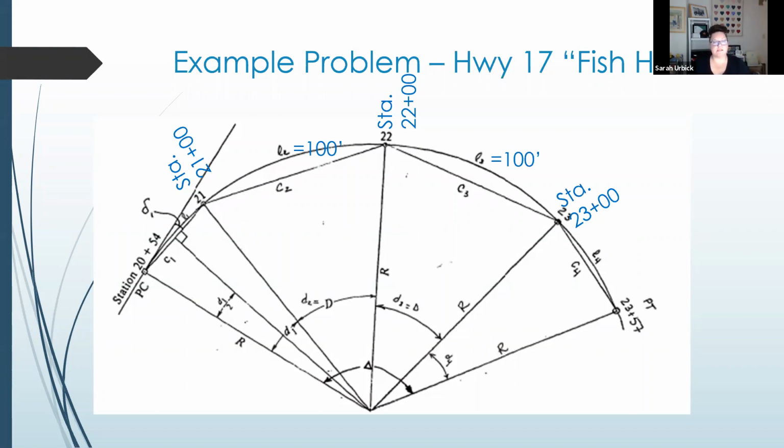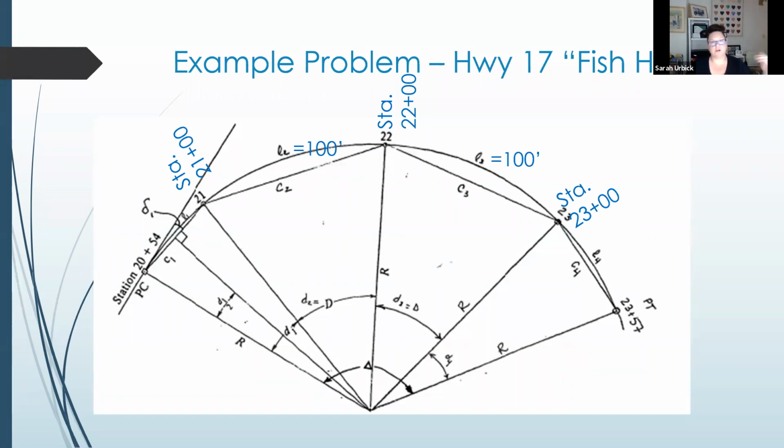So being consistent and using one method throughout your analysis is going to be the key. Depending on the industry preference, that's how you determine which one to use. So rule of thumb: highways and roadways use the arc method. Railways use the chord method.